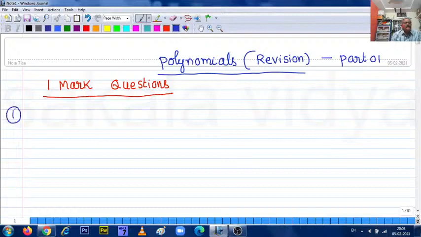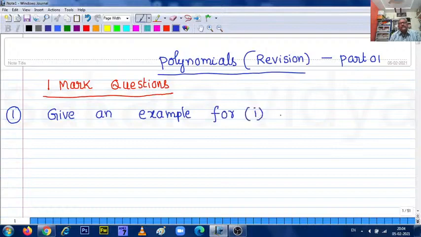First question, give an example for linear, second, quadratic, third, cubic polynomial.